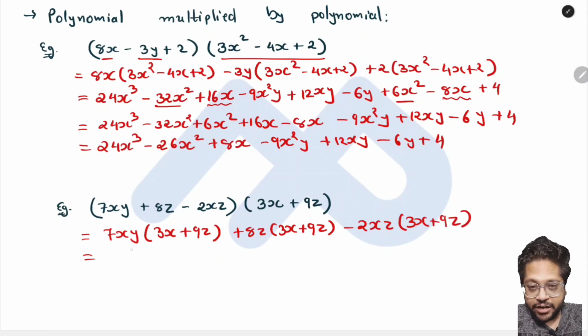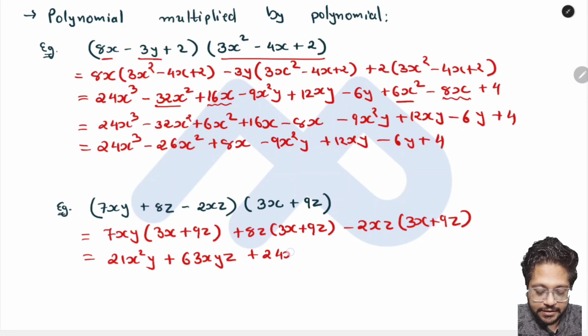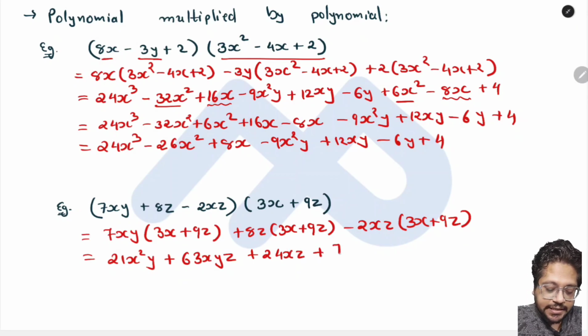So 7xy multiplied by 3x is 21x square y, applying the indices rule again. 7xy multiplied by 9z is 63xyz. Then plus 8z multiplied by 3x is 24xz. 8z multiplied by 9z is 72z square.